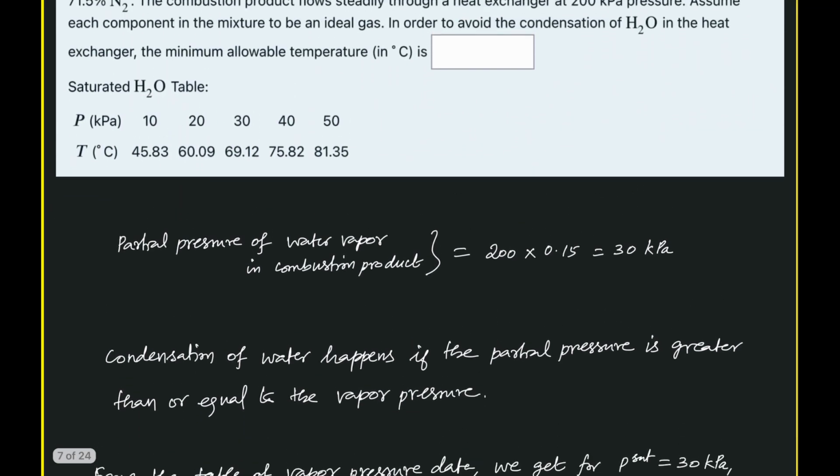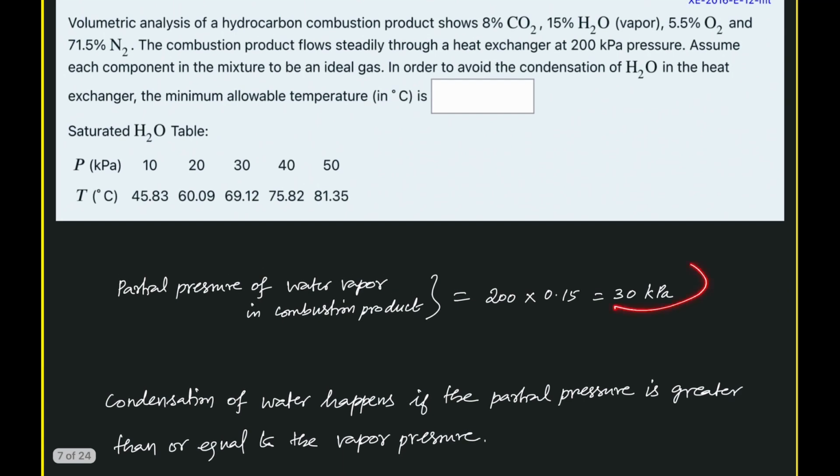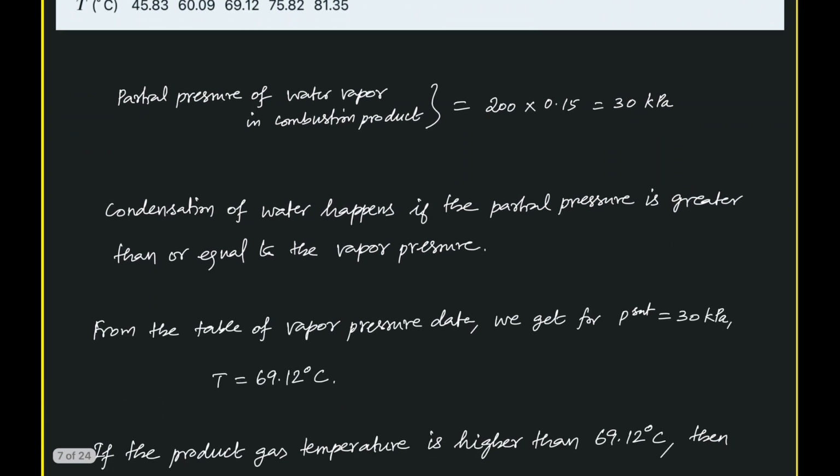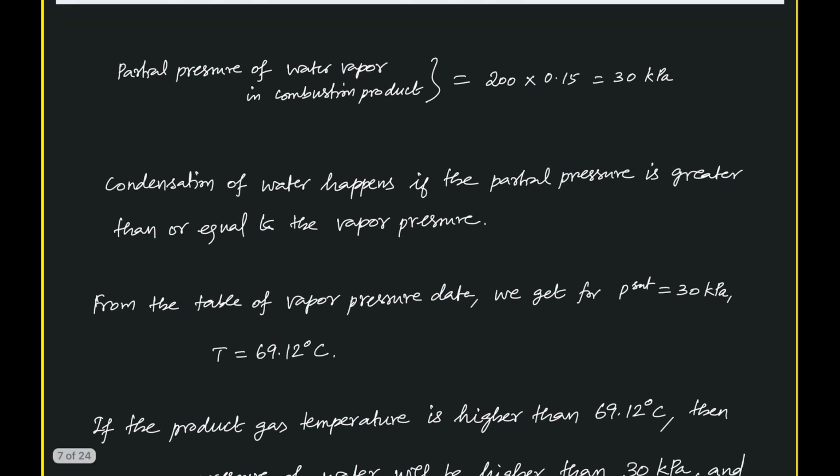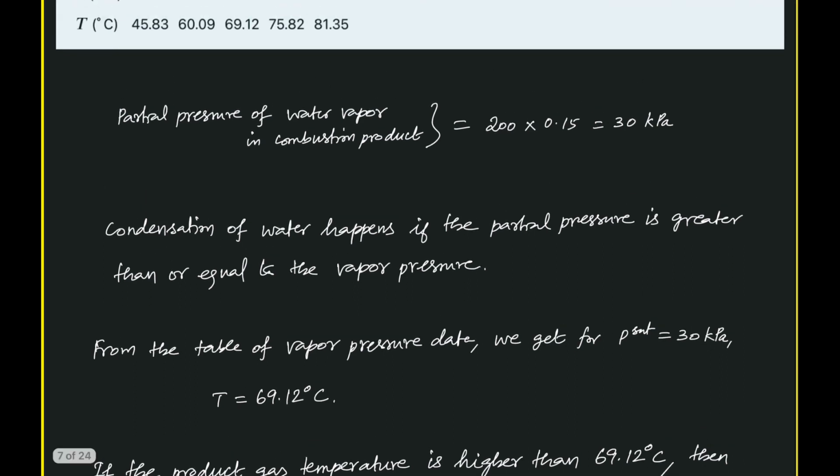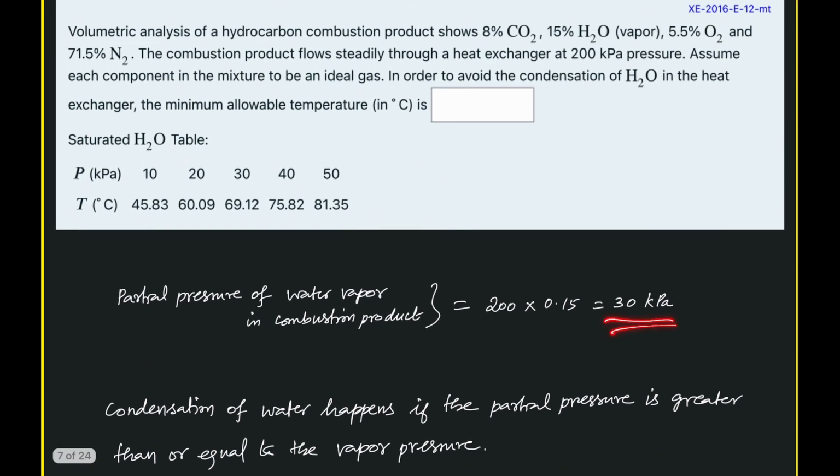The partial pressure is already 30 kilopascal, so we will equate this partial pressure to the vapor pressure. For a vapor pressure of 30 kilopascal, the temperature is 69.12.